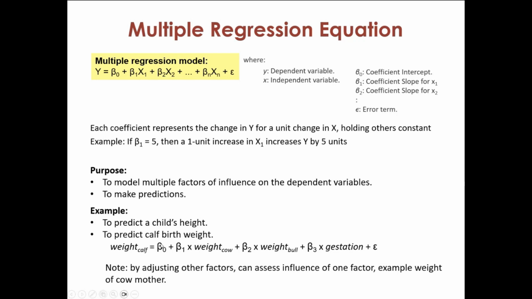The formula is beta 0 plus B1 multiplied with the weight of the mother plus B2 multiplied with the weight of the father plus beta 3 multiplied with the gestation. Gestation is how many months of pregnancy. Because if the calf is born early, the weight is less. If the calf is born later, then the weight is bigger.